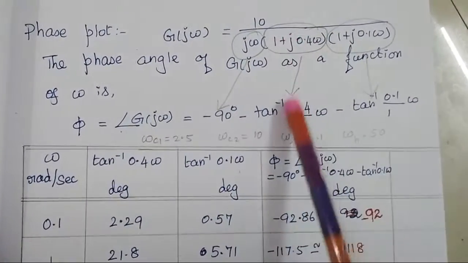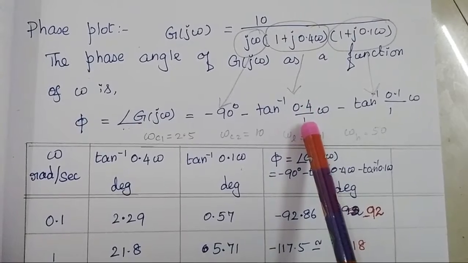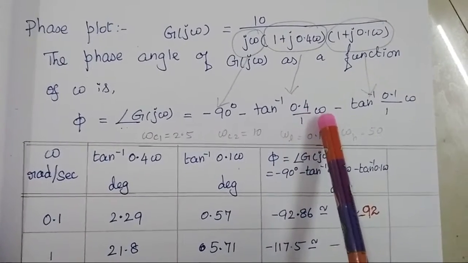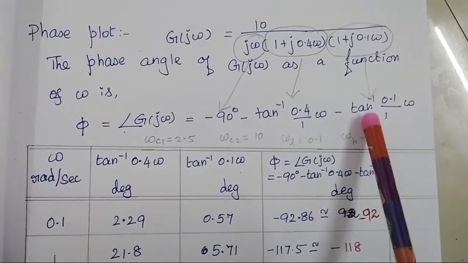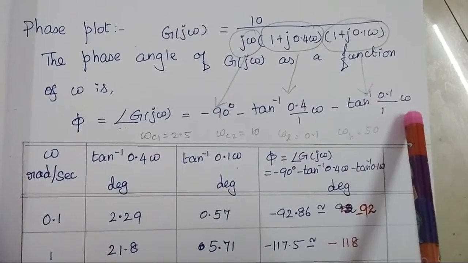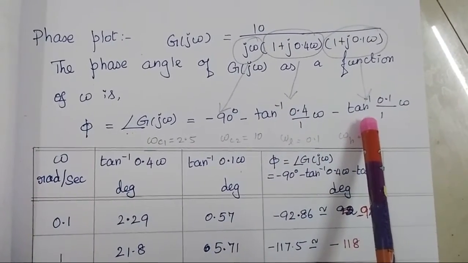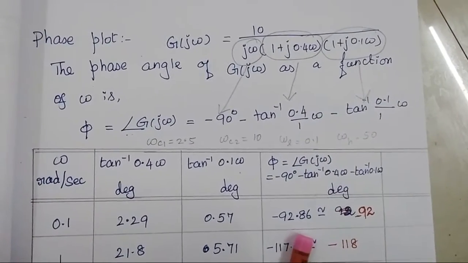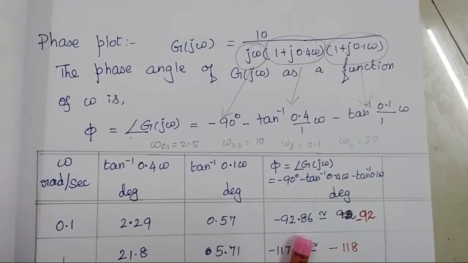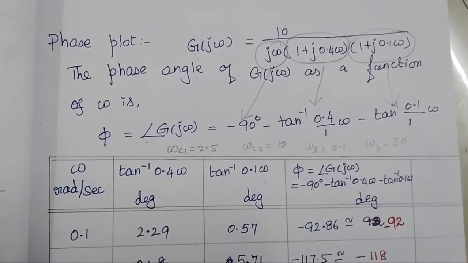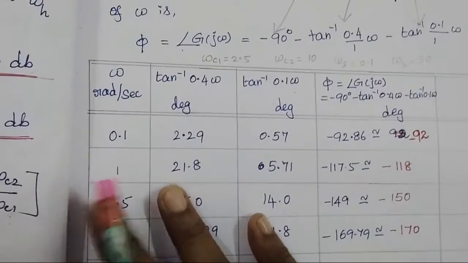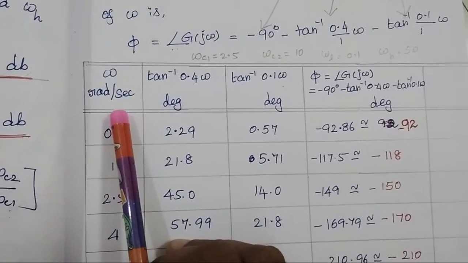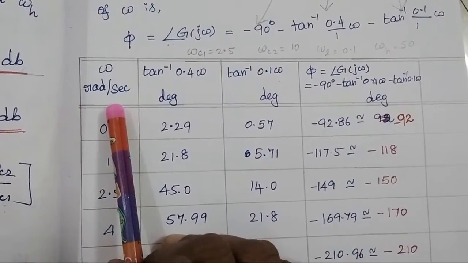Then this term, tan inverse of 0.4 omega. This term, tan inverse of 0.1 omega. The similar case, as we proceed in a polar plot. The same procedure. So next, tabulate the values in order to find the various values of phase angle.